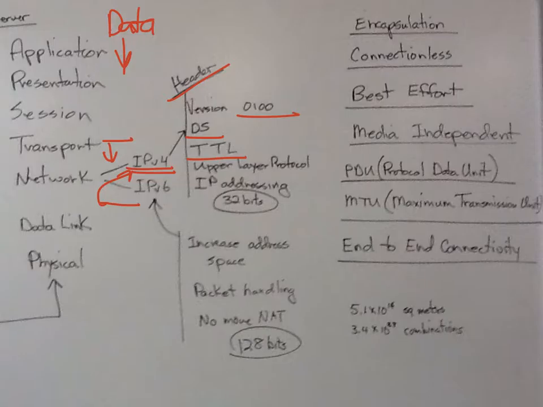The packet starts at some number, and then it counts off as it goes through routers. If that ever gets to 0, it drops the packet. Upper layer protocol: are we using TCP, UDP, or ICMP? And we have the addressing, 32 bits.